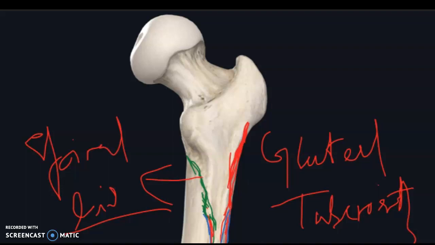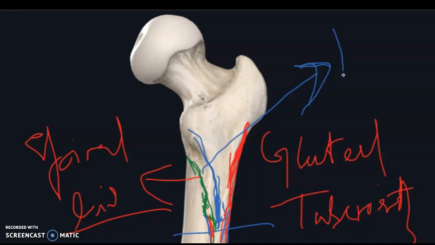And now we have the intermediate zone, which also continues and goes up as the pectineal line. So the medial lip continues as the spiral line, the lateral lip continues as the gluteal tuberosity, and the intermediate zone continues up as the pectineal line.